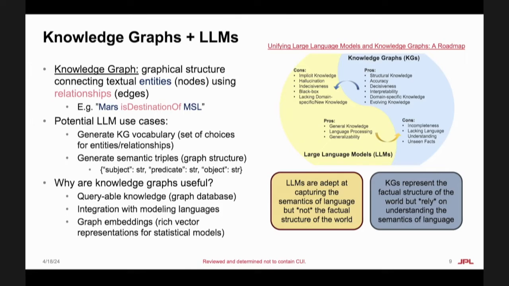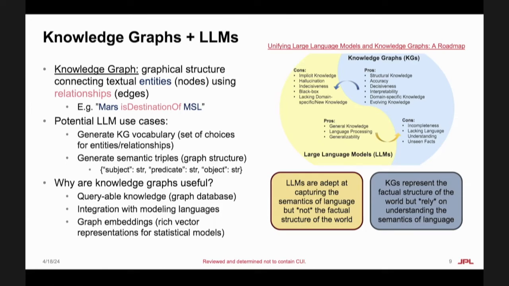I think there are two main use cases for LLMs generating a knowledge graph. The first is the generation of knowledge graph vocabulary. This is the idea of taking in some chunk of text and generating a set of choices for entities or relationships, what the nodes and relationships could be. And then the other side of the story would be generating the graph structure itself.